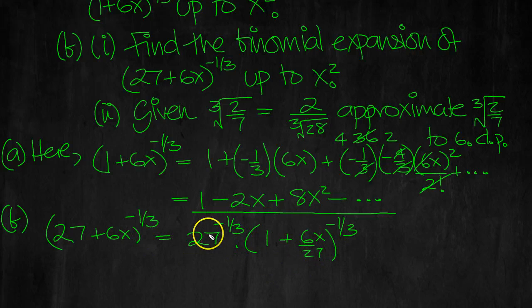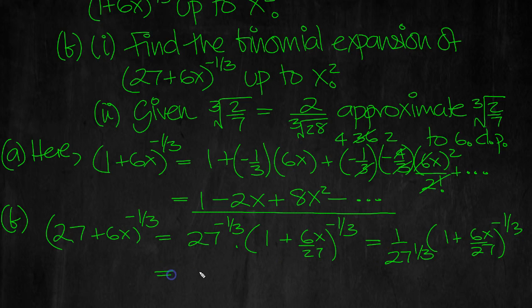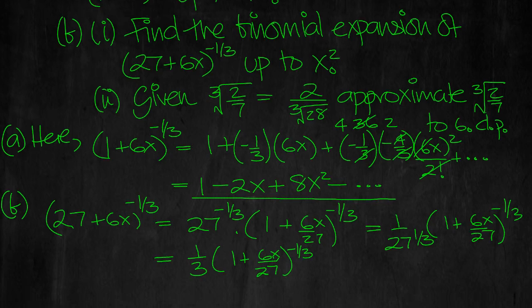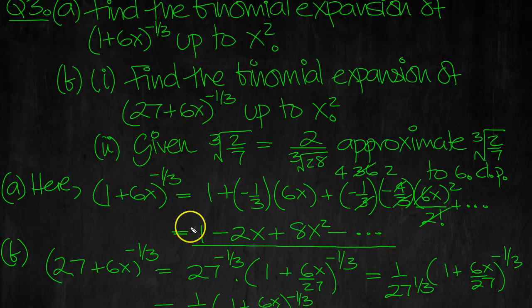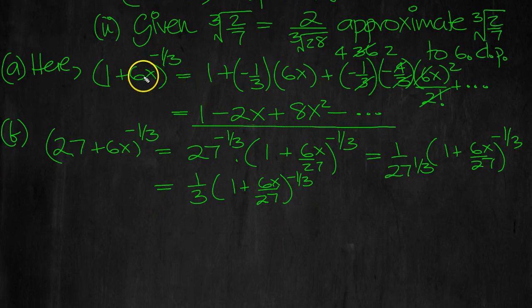So it all fits. 27 to the minus third is 1 over the cube root of 27, which is 3, times 1 plus 6x over 27 to the minus 1/3. And now we can use our part A, can't we? Because we've got 1 plus 6x there, but instead of 6x it's going to be 6x over 27.